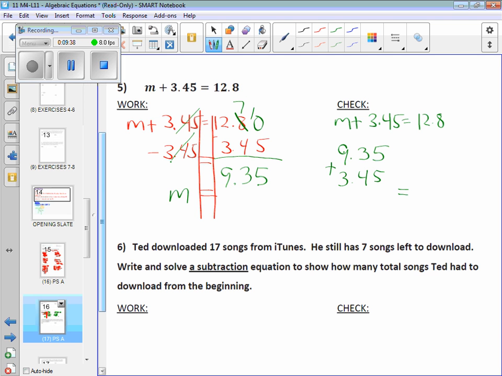And this should equal, ready, 12.8. Remember, when we add decimals or subtract decimals, you have to line up the decimals. So now we do it. 5 plus 5. Carry a 1. 3 plus 4 plus 1. 8. Bring down my decimal. 9 plus 3. 12. It checks.